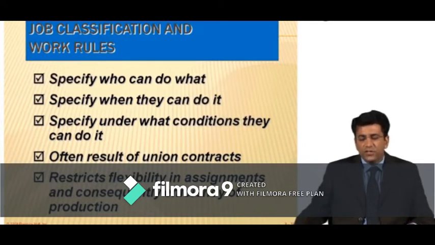In different organizations, there can be union contracts after proper negotiation between the employees and the top management. And again, the purpose is to achieve the organizational objectives efficiently and effectively.